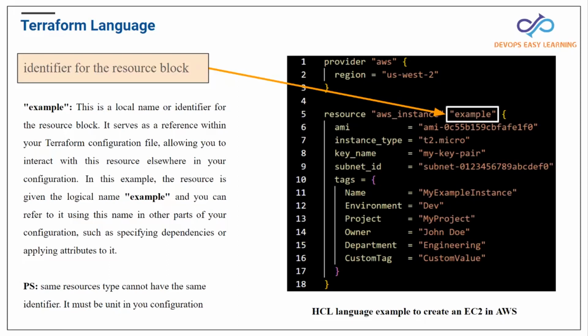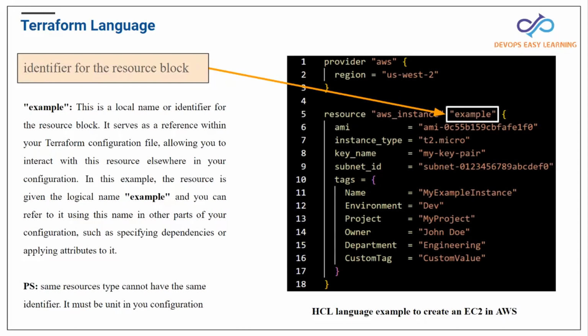The identifier must be unique. What does that mean? If you have a resource that is already aws_instance and you put the identifier as example1, and you duplicate this resource and don't change the identifier name, Terraform is going to complain.